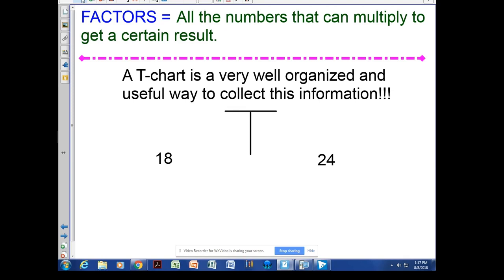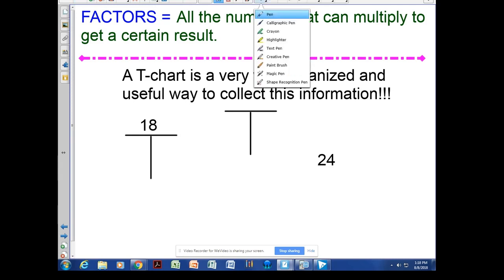If I wanted to find, in a very organized way, all the factors, all the numbers that multiply to give me 18, I would take the number 18, draw a little T-chart, and then I would start with the most basic, easiest number, the number 1.